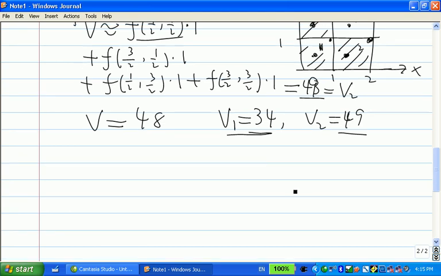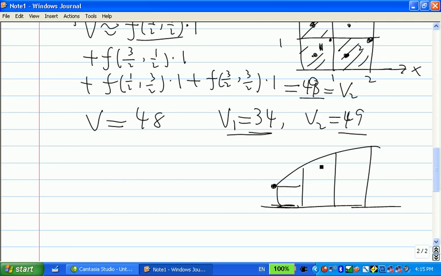Why do they give you better results? For example, look at the 1D case. We want to approximate the area under the curve. If you use left, for example, on this interval, you use the left endpoint as a height, you make a rectangle like this.